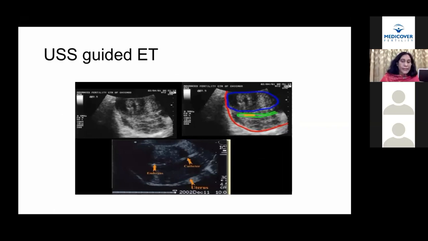The embryos are sucked into the inner catheter by the embryologist, and it's given to the clinician, and with the help of this catheter, guided by ultrasound, it is placed here, about 1.5 centimeters below the uterine fundus. This is how embryos are placed back in the uterus after fertilization of the egg and sperm in the lab. And this again requires an ultrasound machine for better results.